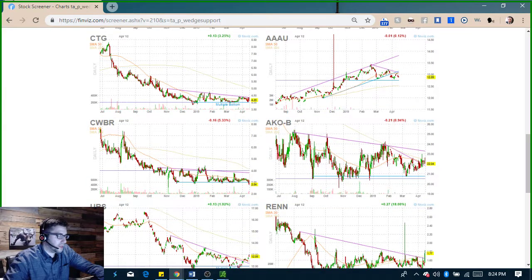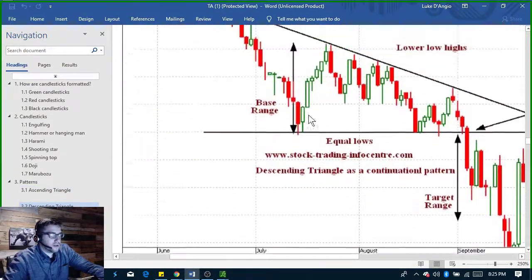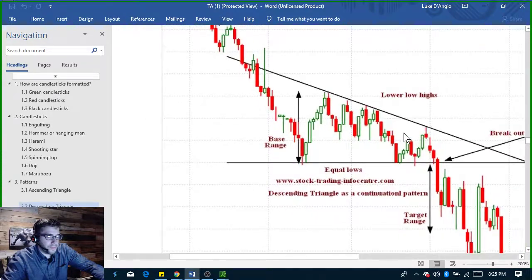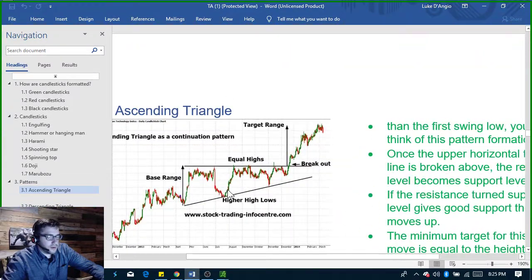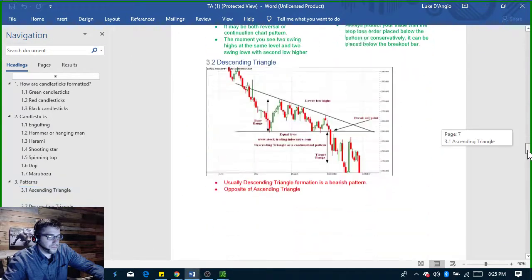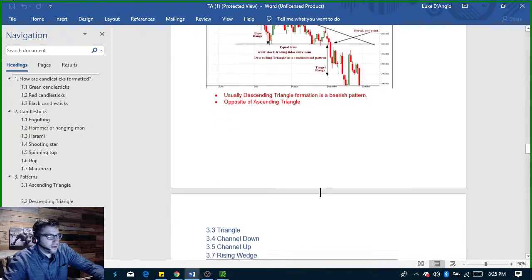But I think the concept of a descending triangle is out there. And yeah, you can see this is a much cleaner example. It's got a flat bottom, descending, descending, descending, breakout.